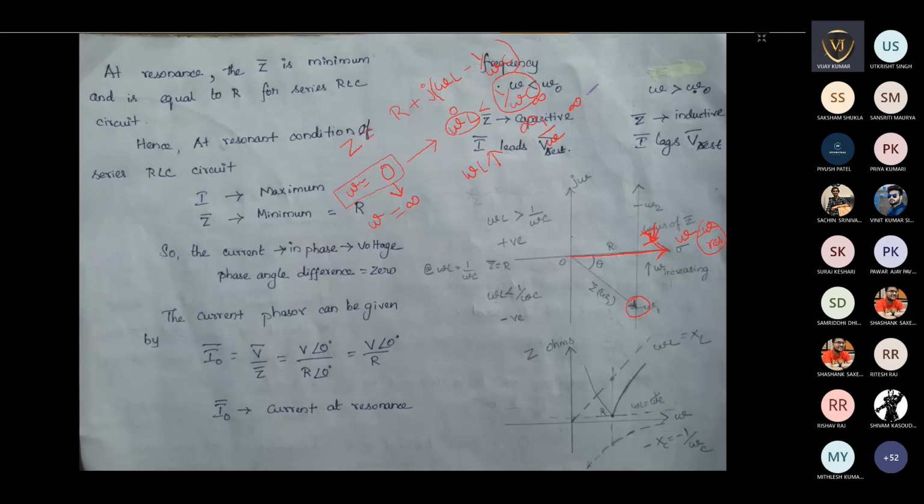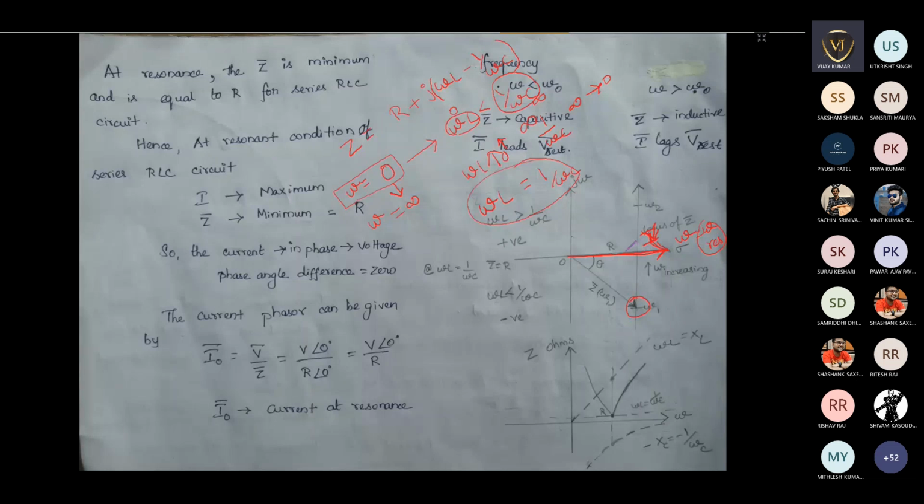In between, there will be one value where omega L is equal to 1 by omega C. That frequency is called the resonant frequency. At that time, V and I are in phase.